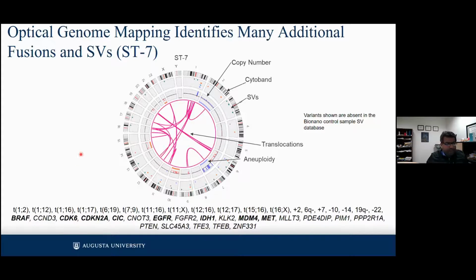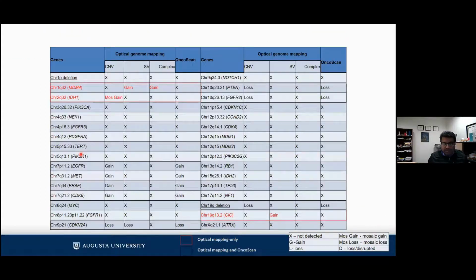And then I'll show you the genes that are unique to the BioNano database. So this is that earlier table of what I showed you, which is expanded. We are going not only by chromosome, but also looking at the gene level to see if there is any CNVs, SVs, or complex abnormalities, and then comparing with our standard of care Oncoscan data.